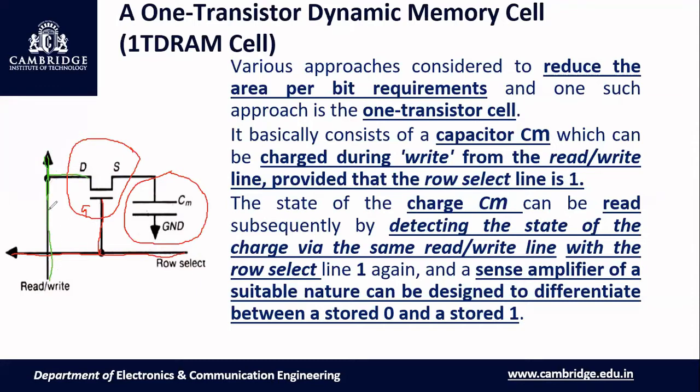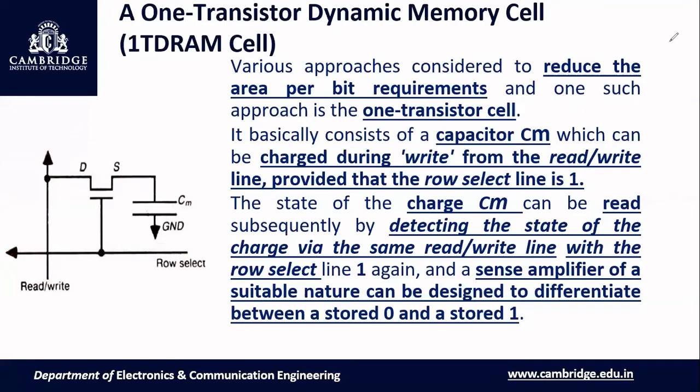This is the circuit arrangement. The drain is connected to the read or write line, the gate is connected to row select, and the source is connected to a capacitor. So this is the circuit arrangement.